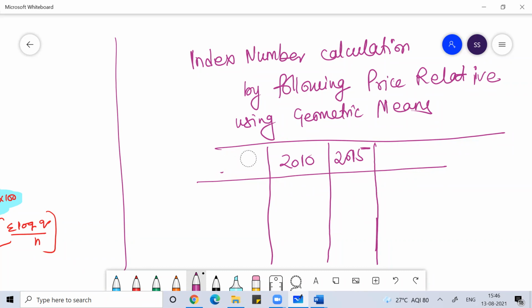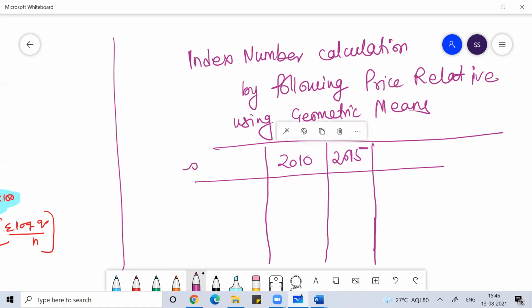These are commodities, not years: commodities A, B, C, D, E, F.